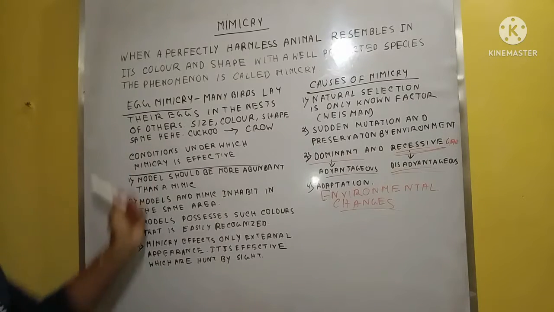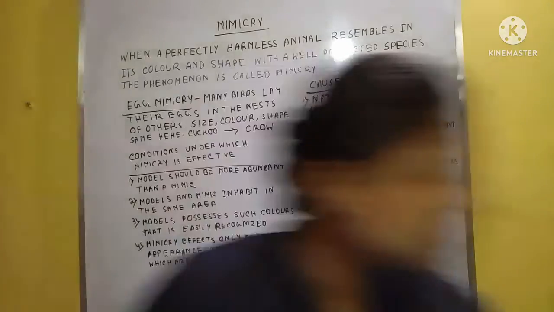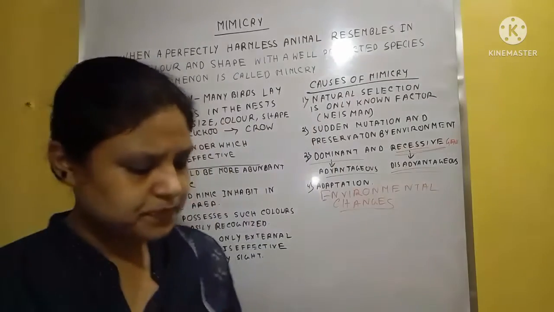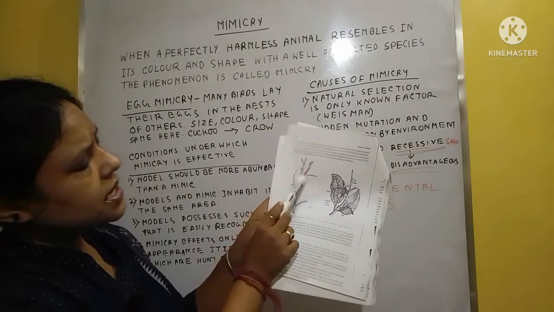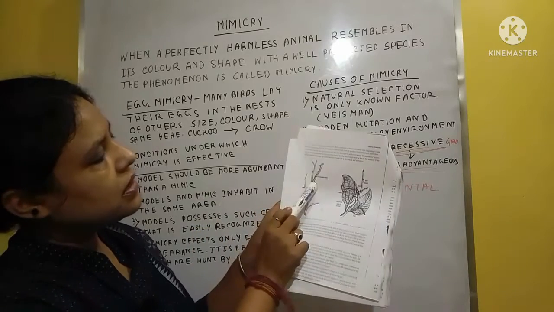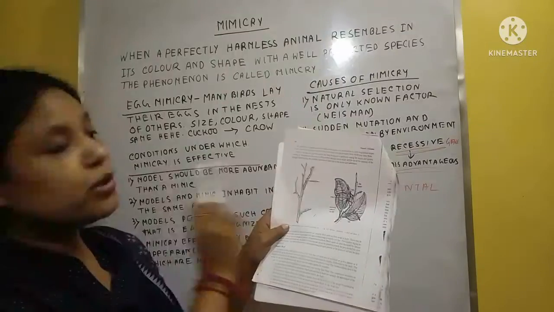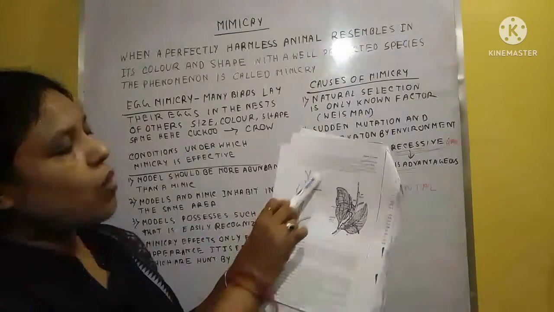So this is the mimicry, and here you can see this one is the caterpillar. I explained this example in protection mimicry, that this is a walking stick.